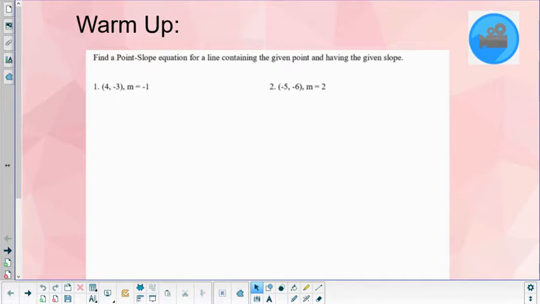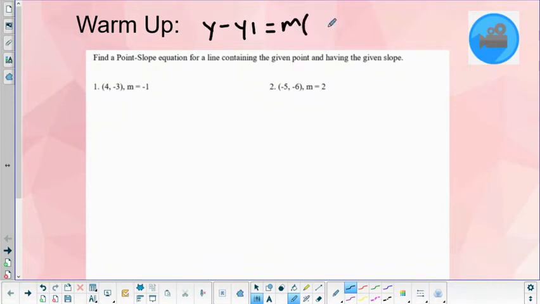All right, so hopefully you had a chance to try those. So let's go ahead and see how we did with these. So if you remember, you have two different ways that you could solve it. You can use the point slope formula, which is, let me write it up here, y minus y1 equals m, then x minus x1.